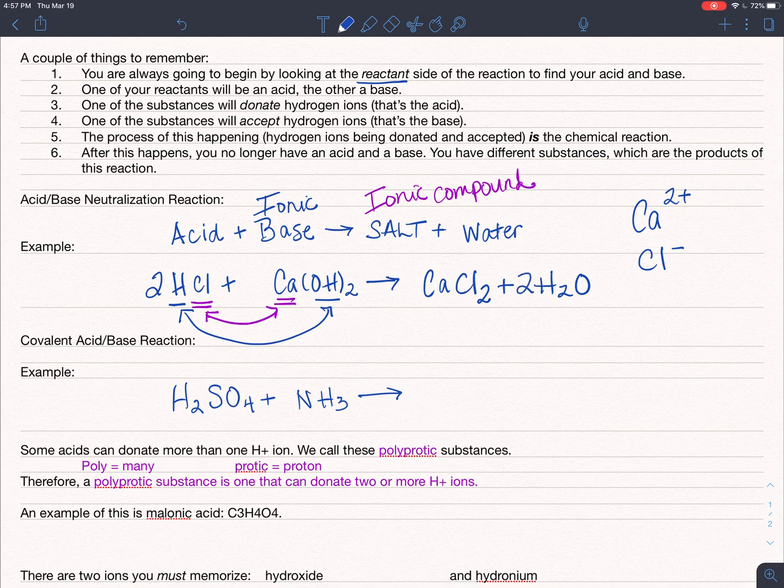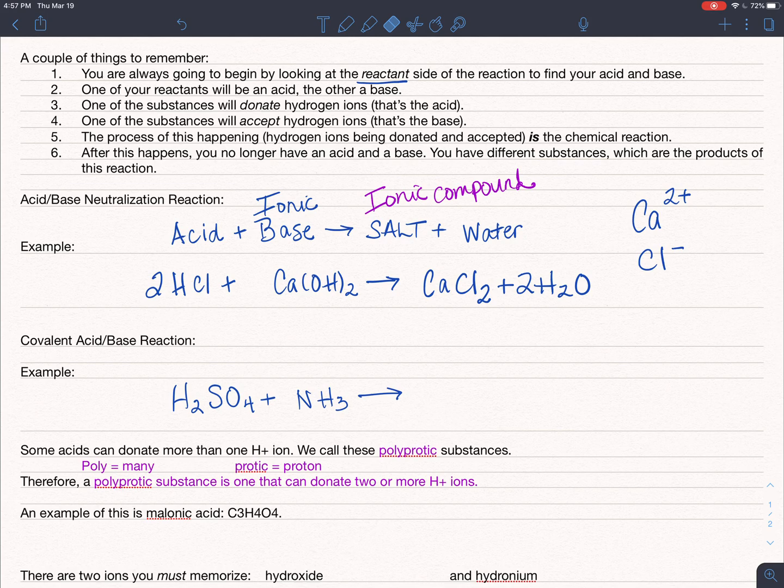So we start with 2 moles of hydrochloric acid, 1 mole of calcium hydroxide, and that forms 1 mole of calcium chloride and 2 moles of water. And that would be a balanced chemical reaction, a neutralization reaction between calcium hydroxide and hydrochloric acid. All right, that is our neutralization reaction.